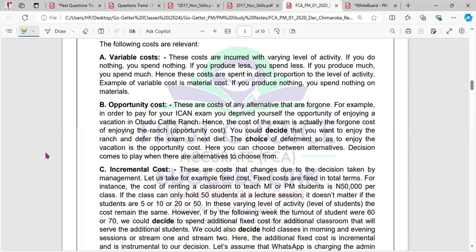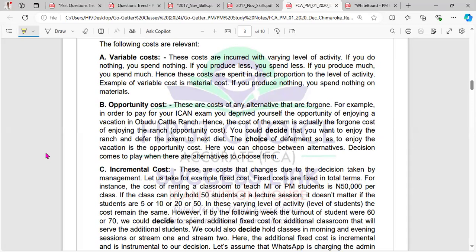Now, for you to know your opportunity cost, you need to arrange all your options in scale of preference. And so, if Obudu Cattle Ranch is the second preference after your ICAN exam, that becomes your opportunity cost. Not the one following Obudu Cattle Ranch. It means that in your scale of preferences, you have to do the first one before the second one, the second before the third.